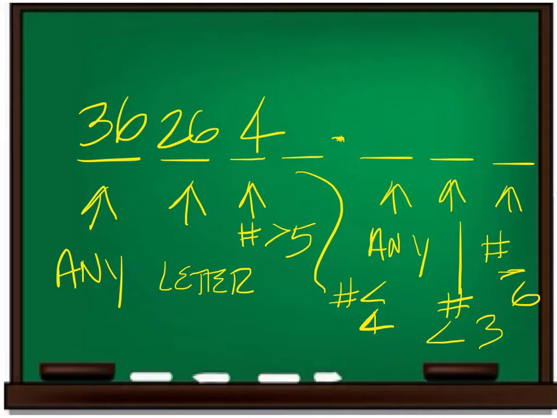If it's less than 4, we have 3, 2, 1, and 0, so that would be 4. If it's anything, you can have 36. If it's a number less than 3, it's how many? 3 of them. And if it's a number greater than 6, 3.